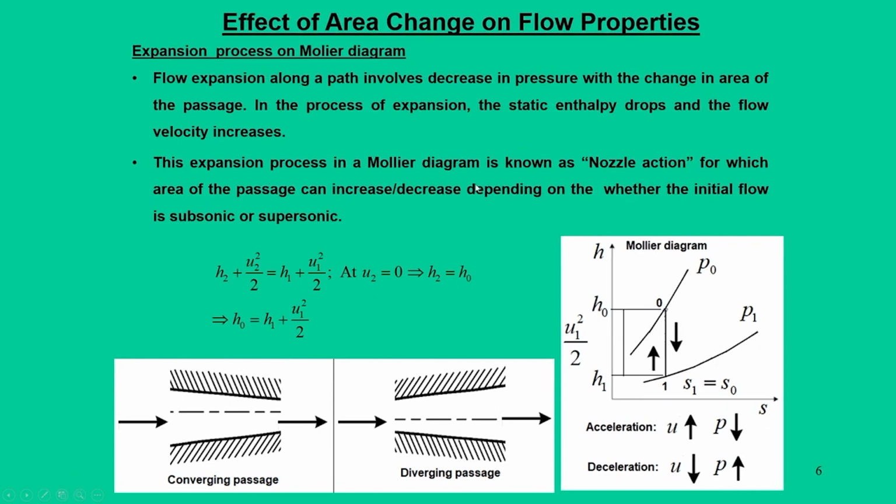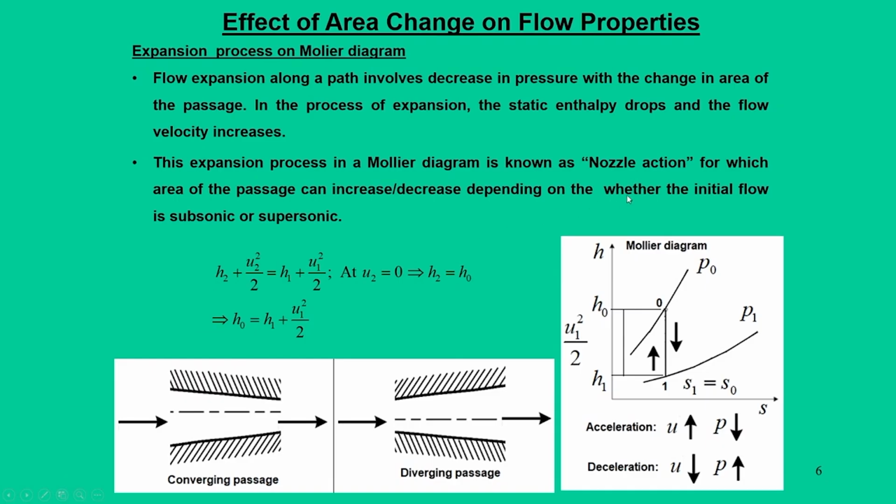That means, if the expansion has to happen, that is if it is a nozzle action, then the fluid must accelerate, velocity must increase and pressure must decrease. If the flow is incompressible, then we will end up having a converging passage. If the flow is compressible, then we may have a diverging passage.